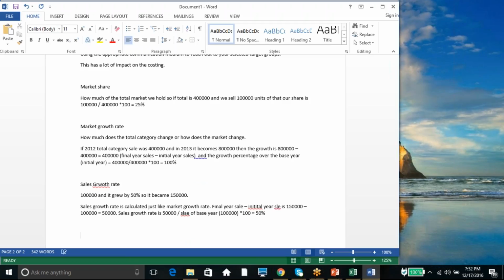Okay. So the sales growth, and I've taken that example there, that we grew from 1 lakh to 1,50,000, which is a healthy 50% growth. But what happened to our market share? Market share this year is 1,50,000 divided by 8 lakhs into 100, which is somewhere around 20%.